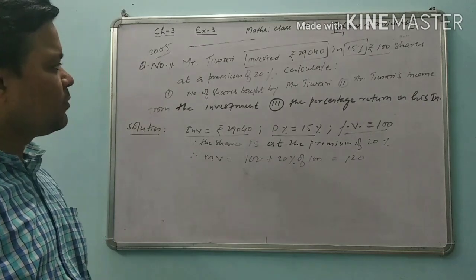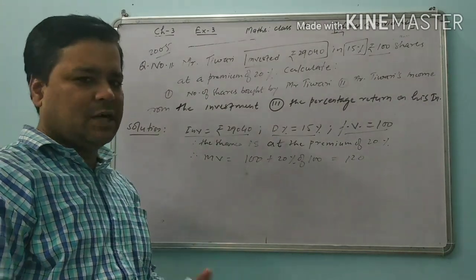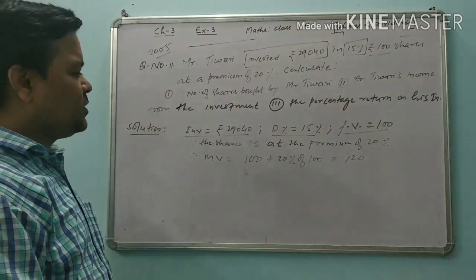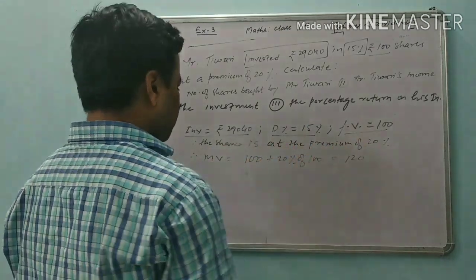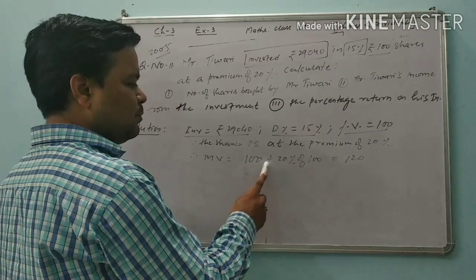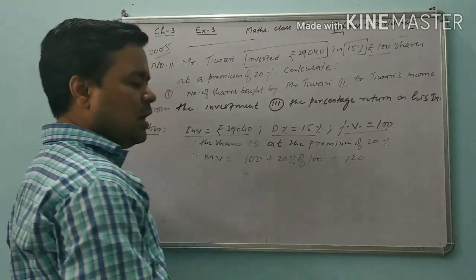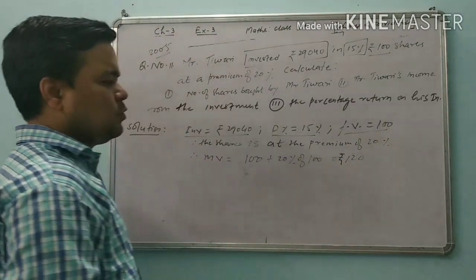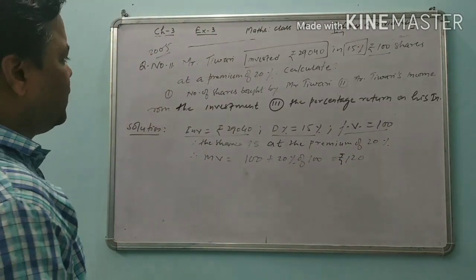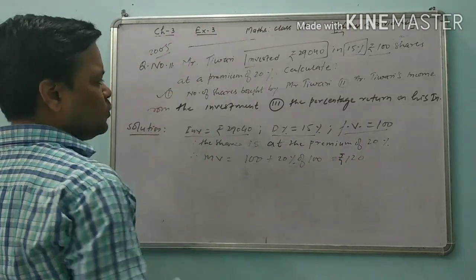It means this is the condition of above par, so the market value is 100 plus 20% of 100, and we find the market value is 120. Okay.